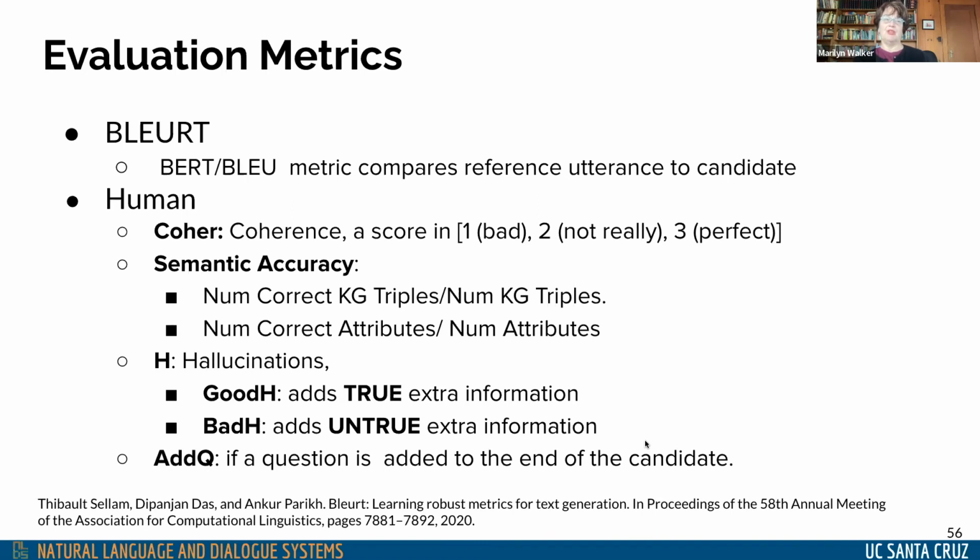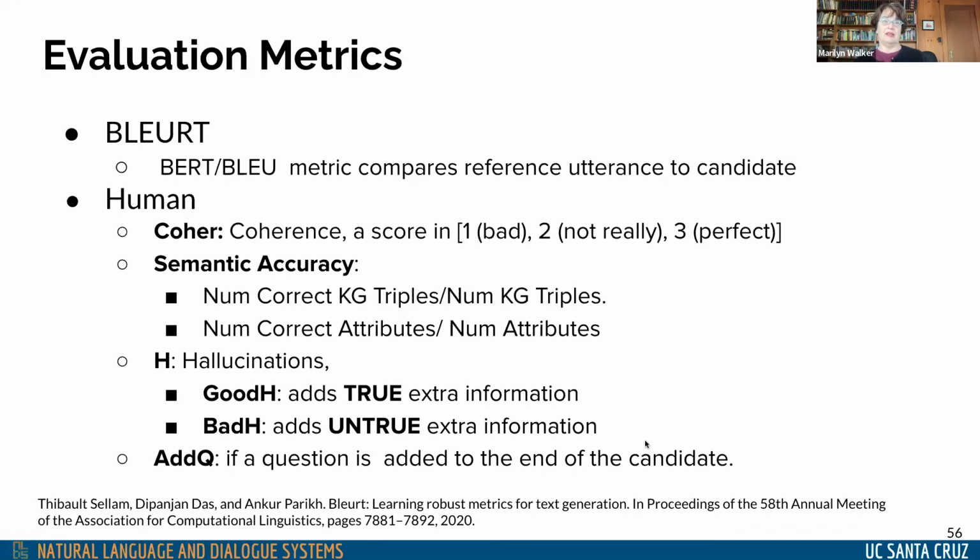We wanted to judge whether BLERT was useful or not. With the human evaluation, we marked the coherence of the utterance with a score of 1 to 3. We calculated the semantic accuracy so we could automatically count how many triples or attributes were in the meaning representation, but then we checked by hand whether those were all realized in the utterances.